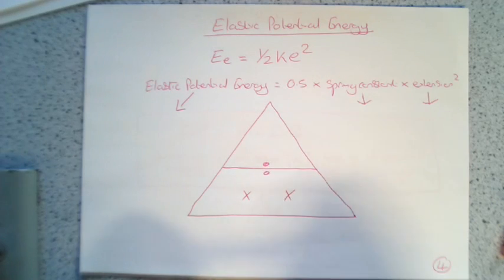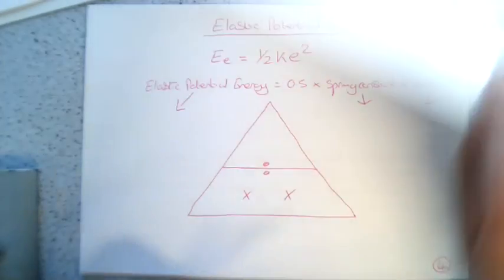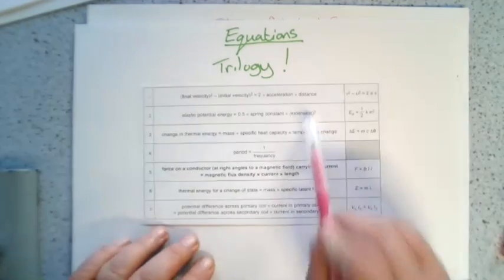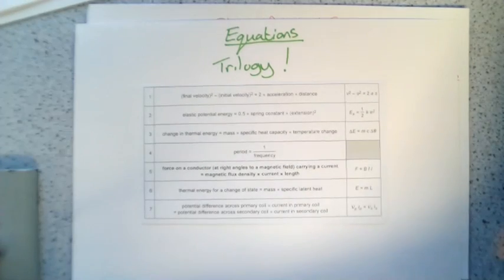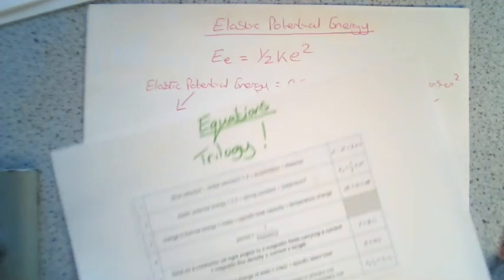And when we're calculating elastic potential energy, we're given the equation on our equation sheet. It's equation 2 on Trilogy, and it's equation 4 on separates, okay?